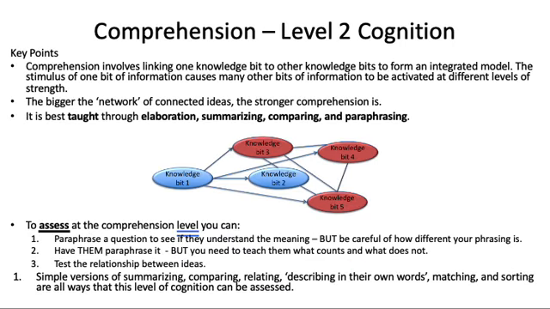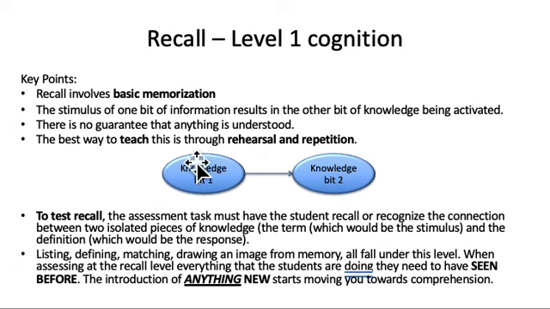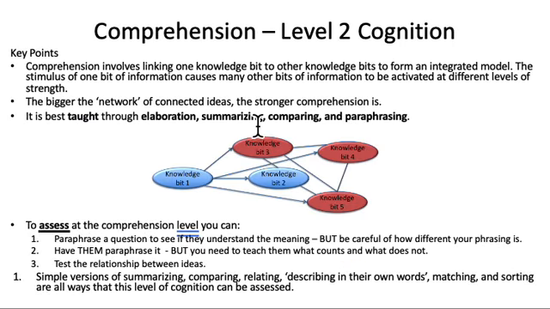When we get up to the next level, comprehension, the key idea is that instead of having just one knowledge bit, a term with another definition, now I have each one of these things connected to other ideas. So for my term, I may have synonyms.